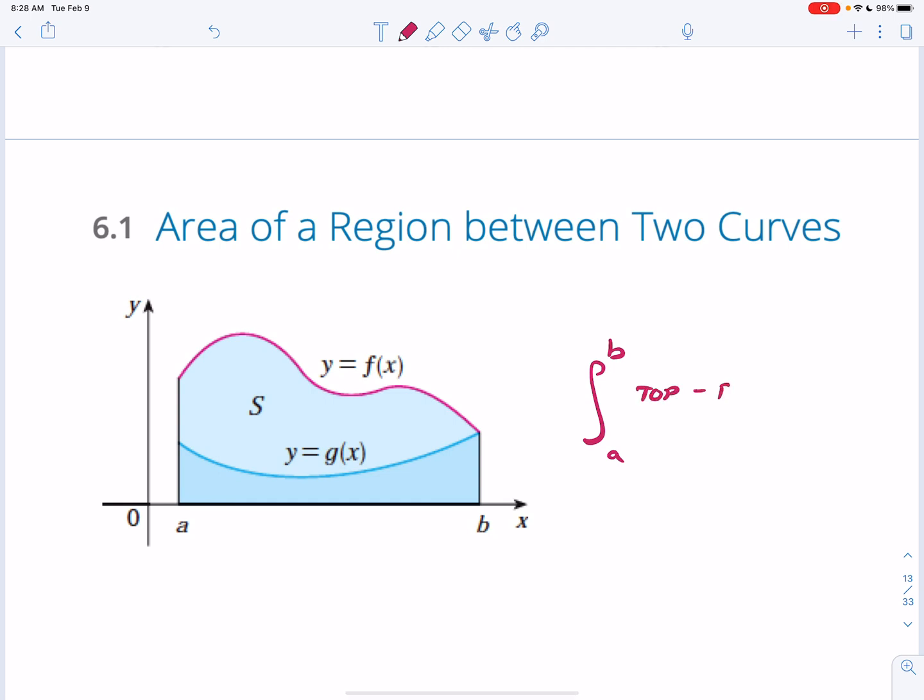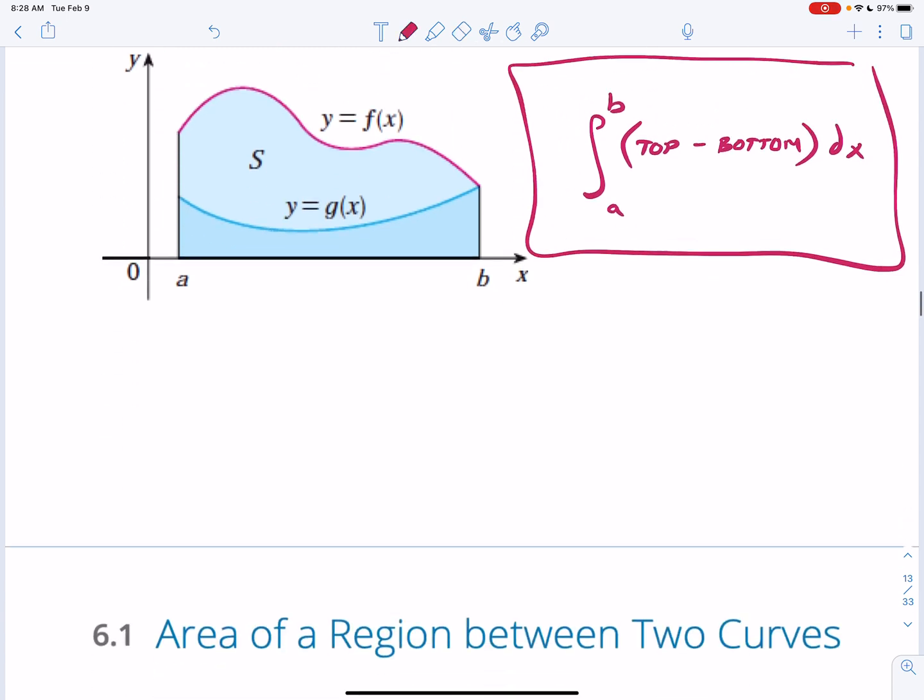I'm going to say top minus bottom here. Now, I don't want to write F minus G because I don't want you guys to assume that F is always on the top and G is always on the bottom here, okay? So whatever that top function is minus whatever that bottom function is, okay? So that's really the key idea here.